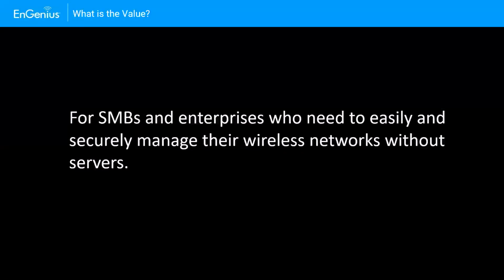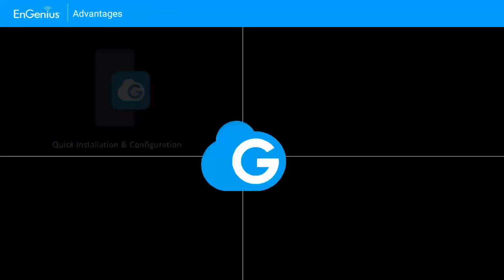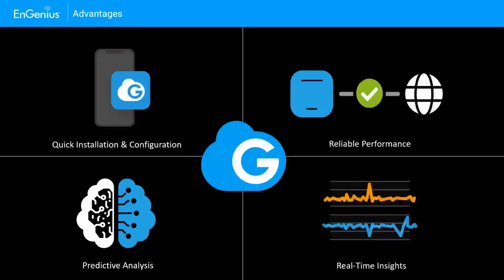So for SMBs and enterprises who need to easily and securely manage their wireless networks without servers, EnGenius Cloud is the way to go. EnGenius Cloud's quick installation and configuration provides reliable performance, predictive analysis, and real-time insights to enable companies to focus on growing their businesses.